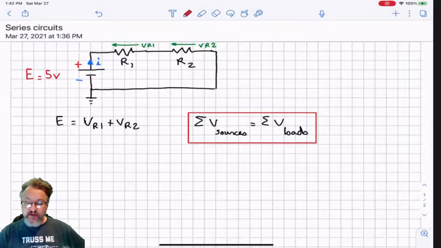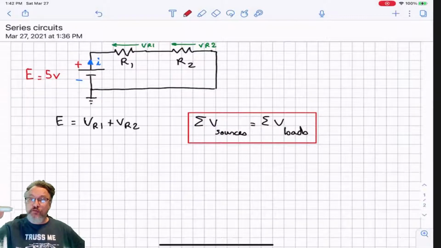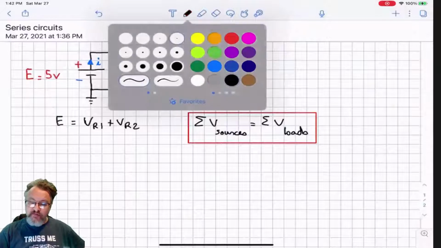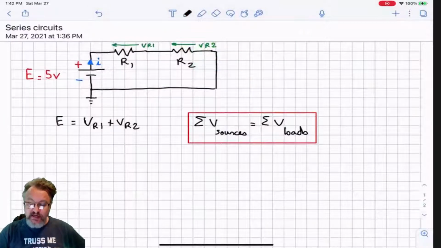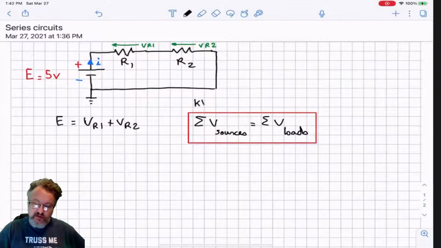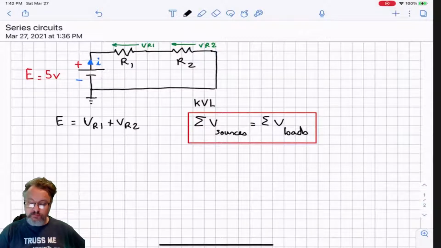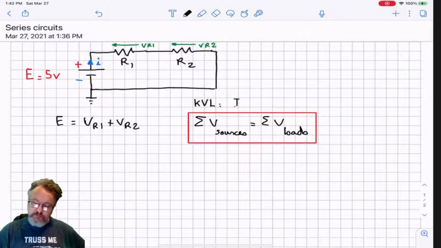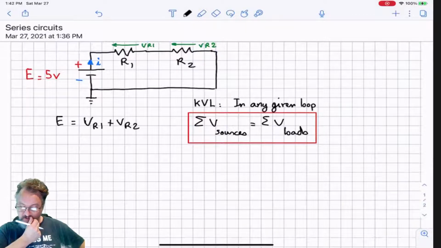If I were to say that in a loop this is true, then I would have essentially stated Kirchhoff's voltage law. So in any given loop, we can say that the sum of the voltage of the sources is equal to the sum of the voltage of the loads.